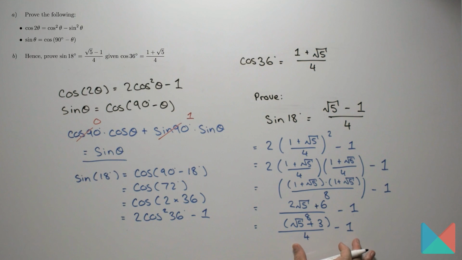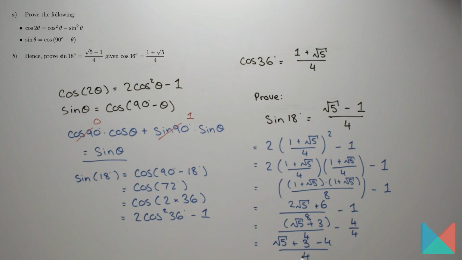So let's find a way to bring these two values into one fraction. And so we can replace 1 with 4 over 4 to get the same denominator. And now we can just put everything together. So we get the square root of 5 plus 3, take 4, divided by the bottom of our fraction, which is 4.